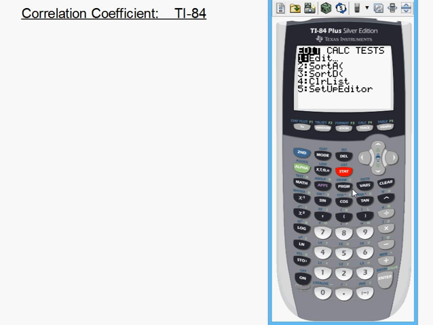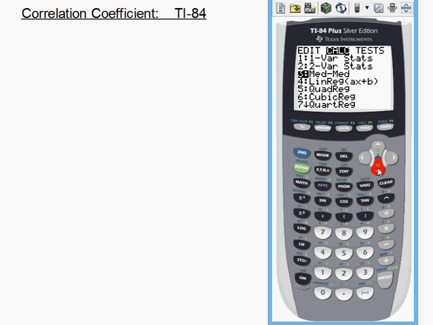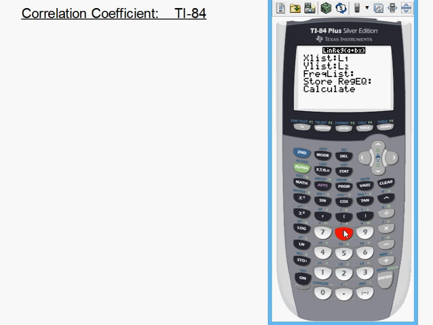So we go to Stat, Calc, and if we go down, I believe it's the 8th one, we have LinReg. There are actually 2 LinRegs, you can see. This is the statistics way of doing it, a plus bx. This is more the algebra way of doing it, ax plus b. We're in statistics, so let's use that.